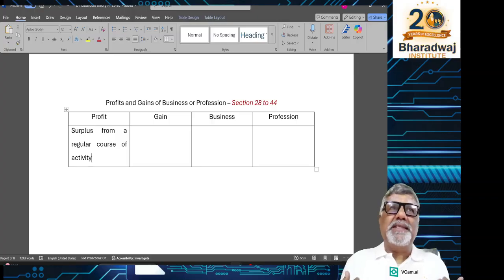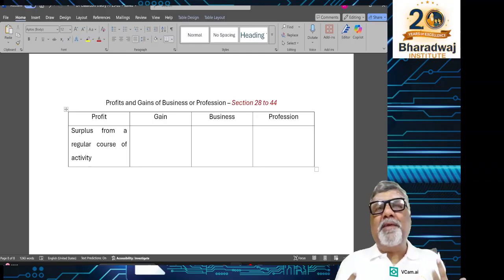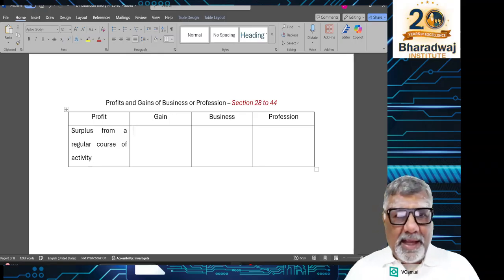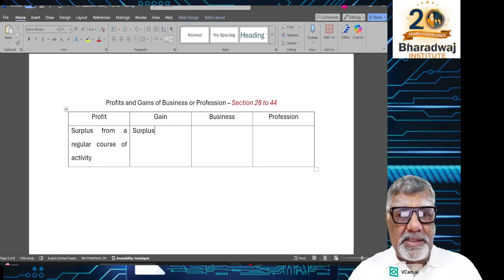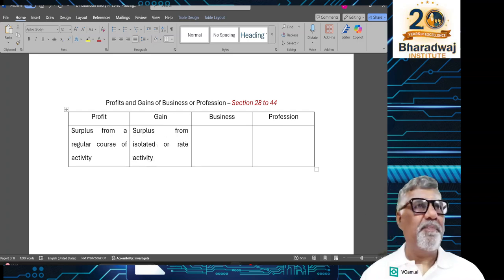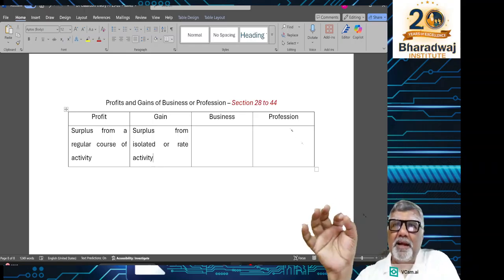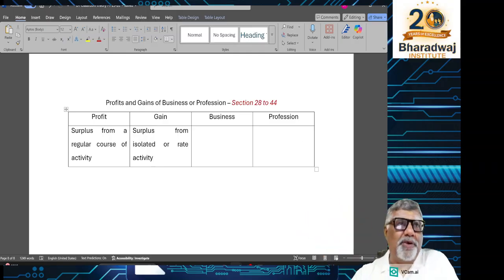If I am providing some consultation, I'm getting profit. After the expenses, whatever I get is known as profit. Gain is surplus from isolated or rare activity. So now to be more clear, if I sell stock, I will get profit.